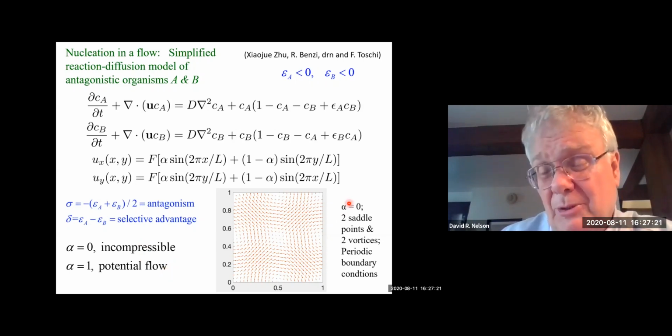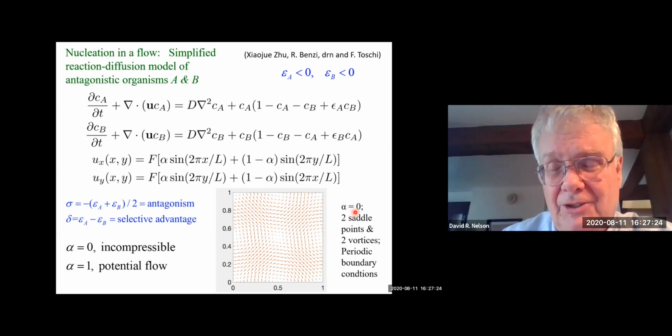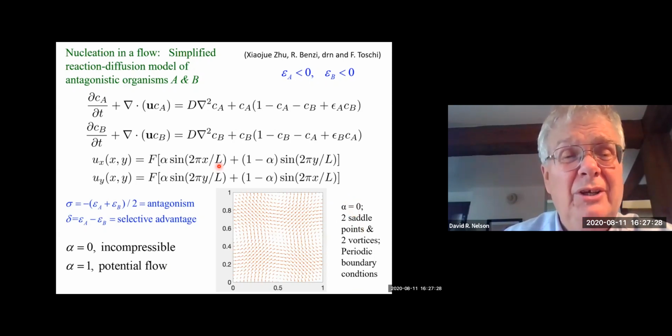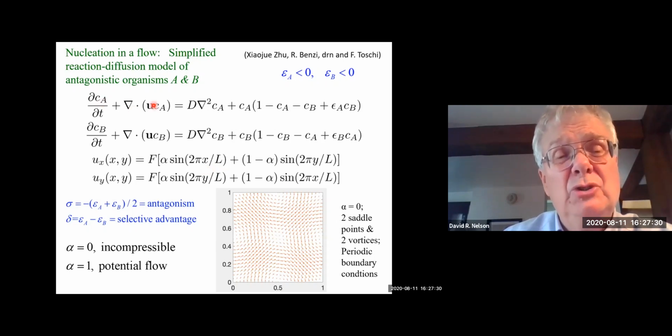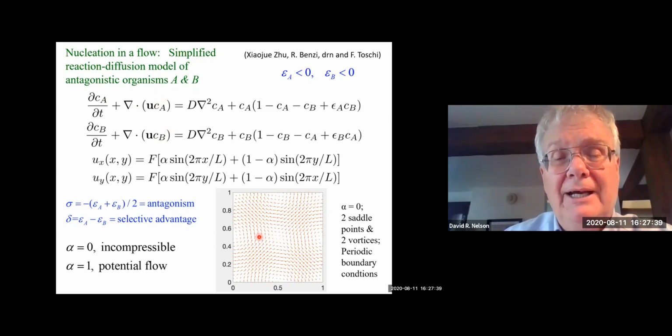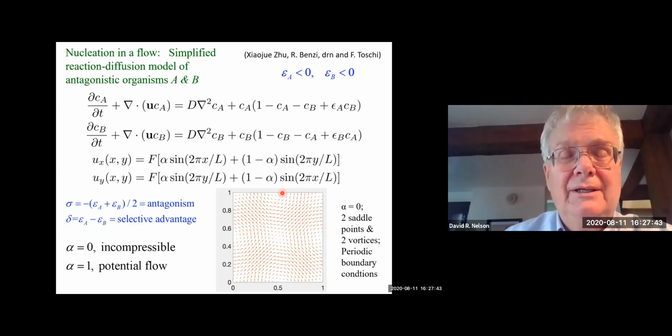I'll talk about incompressible just to illustrate with this example, this particular cellular flow here, which advects now two competing species, has, if you look at the corners and so on, two saddle points, one positive circulation vortex, one negative circulation vortex, embodied in its periodic boundary conditions.